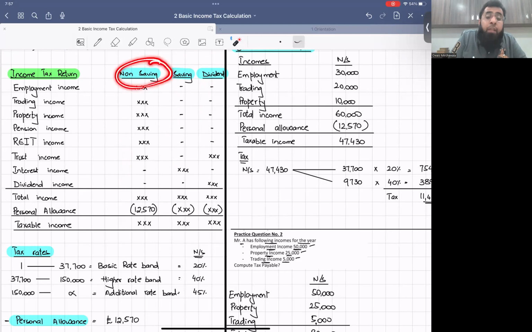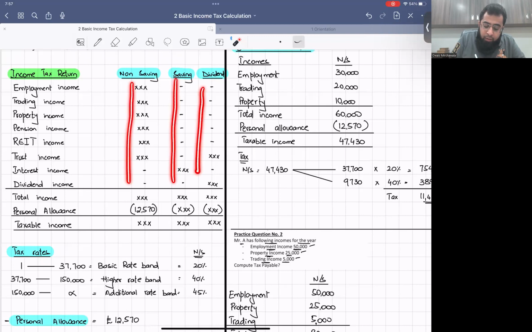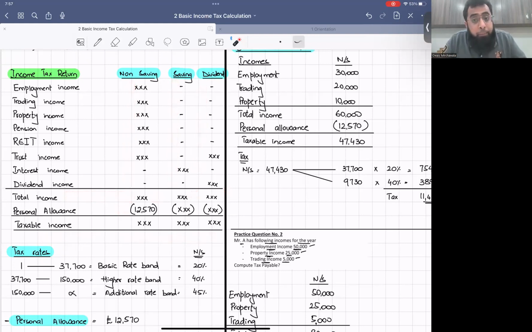Non-saving income includes all incomes except interest income, which is classified as saving income, and dividend income, which is classified in its own head. Okay? Once we classify the income into three heads, we arrive at the value of total income. Then we adjust the personal allowance to arrive at the value of taxable income.